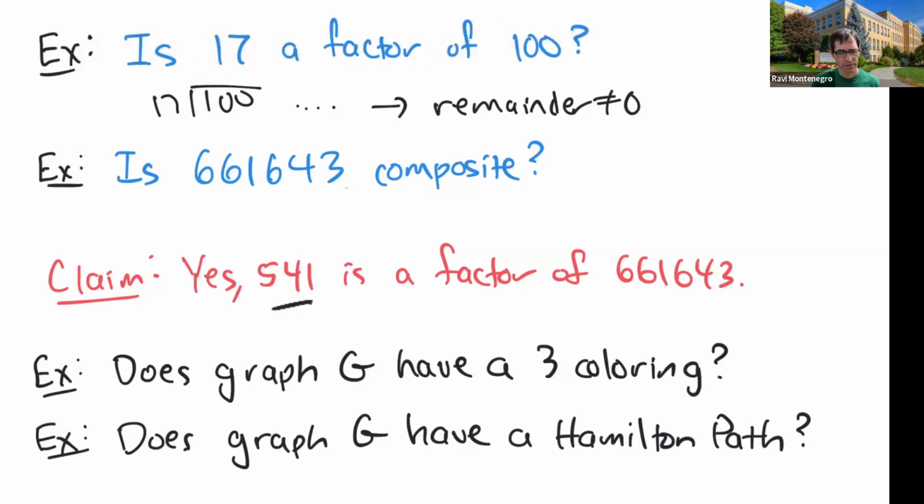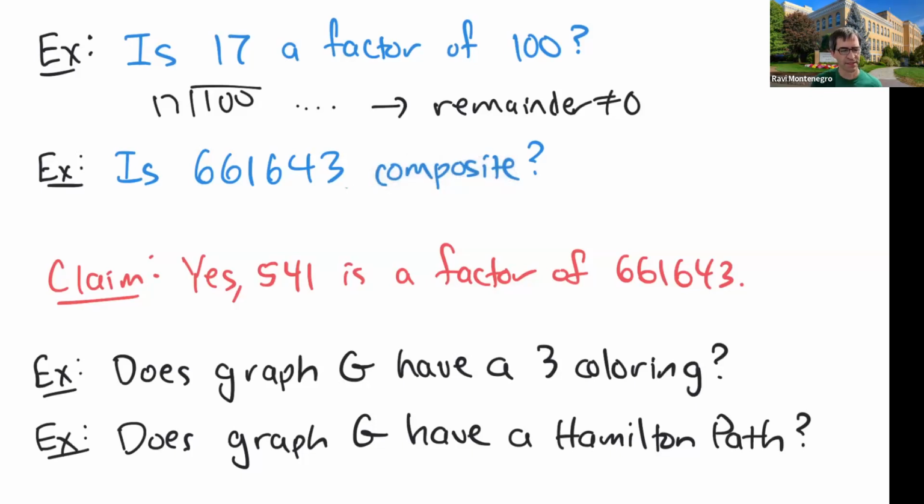So all you need to do is take 661,643, do long division, and you'll find the remainder is 0. So this shows us that answering questions about composite numbers is in NP. Like I mentioned, there is a clever way of doing this without going to NP, but at least it is in NP.